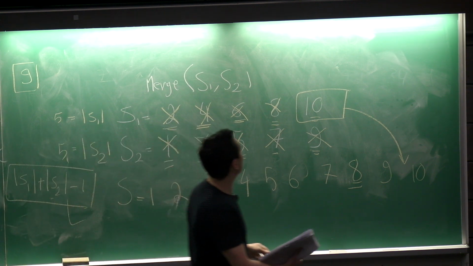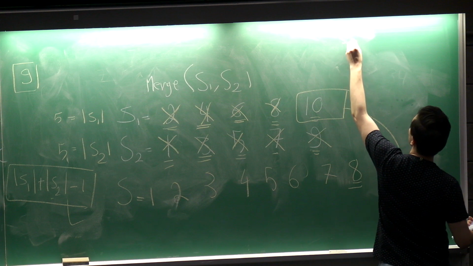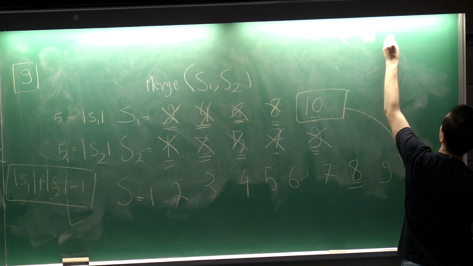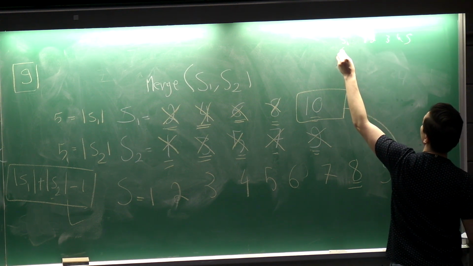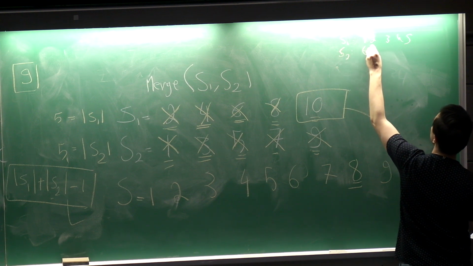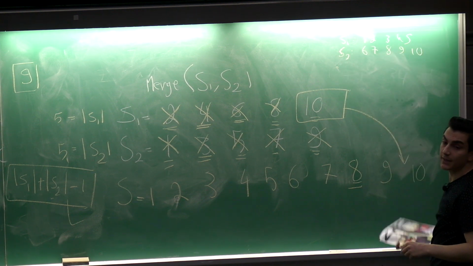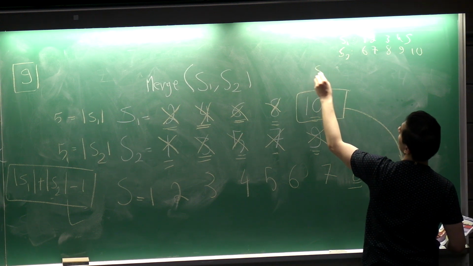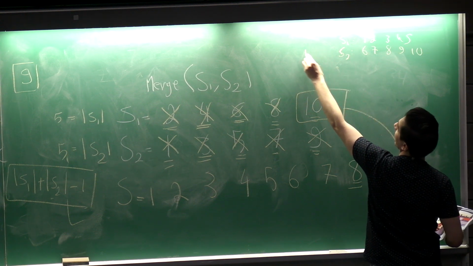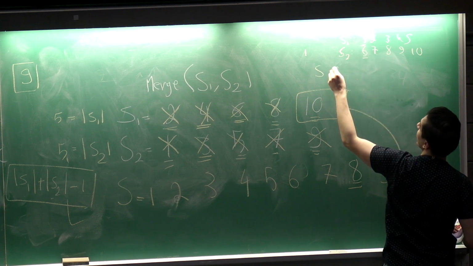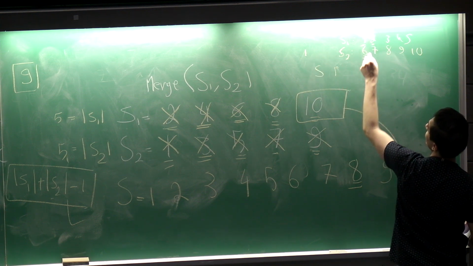Let's say we have an example where S1 is 1, 2, 3, 4, 5, and S2 is 6, 7, 8, 9, then 10, right? How many comparisons will I do here? Well, let's count. You compare 1 time, take the 1. Compare again, 2 and 6.